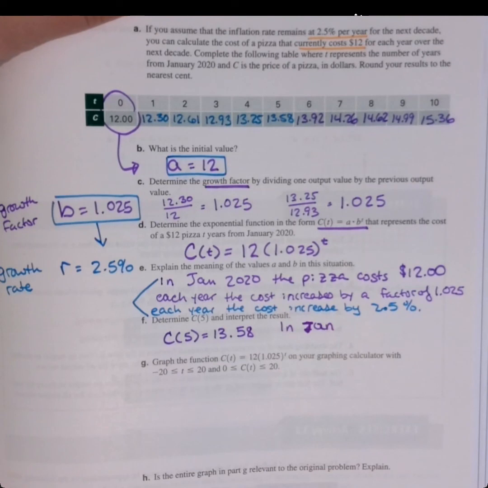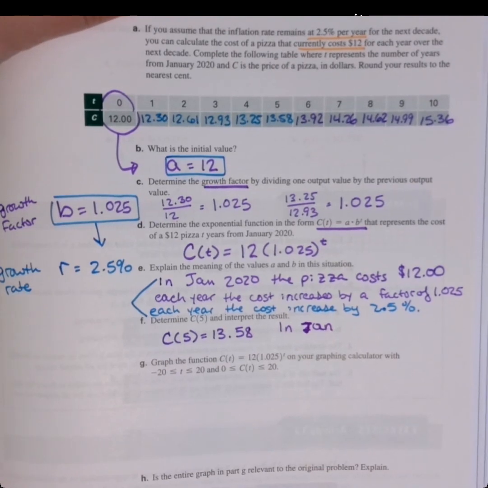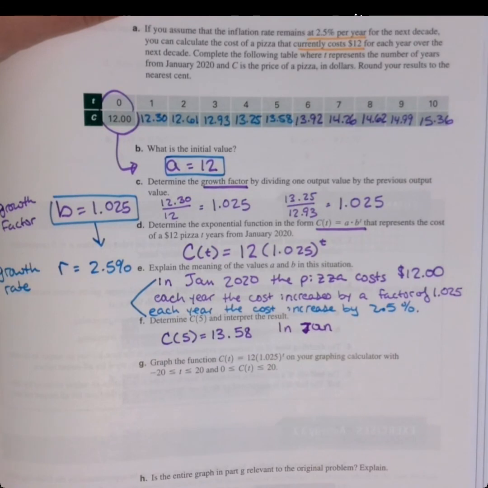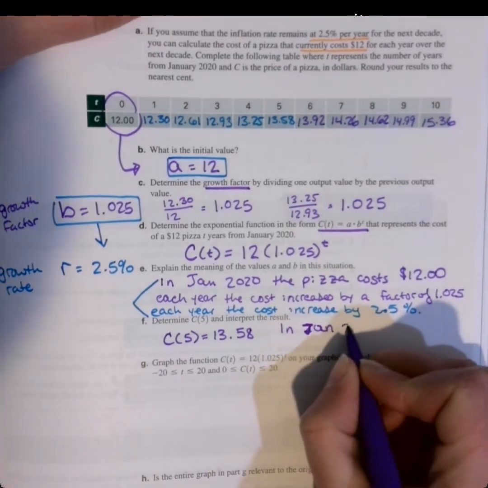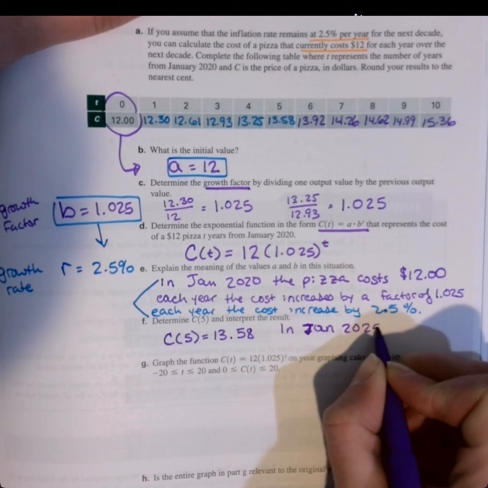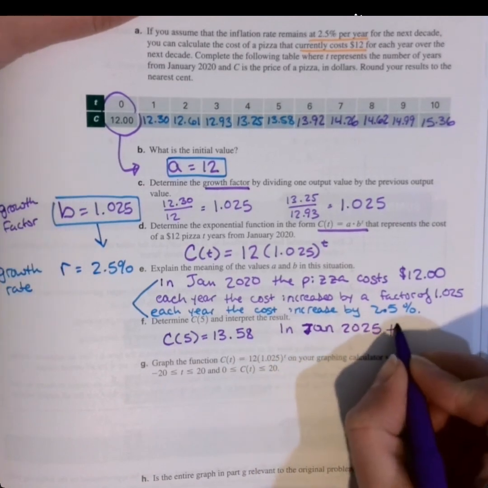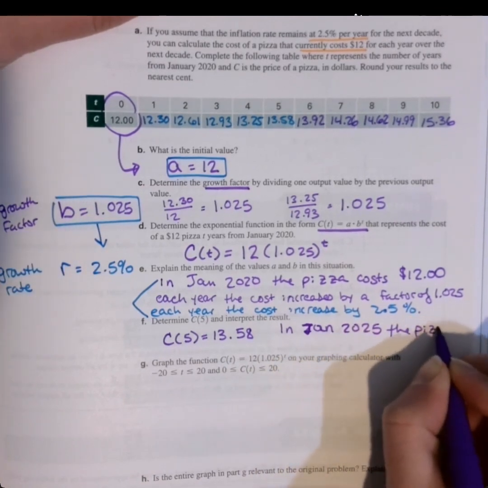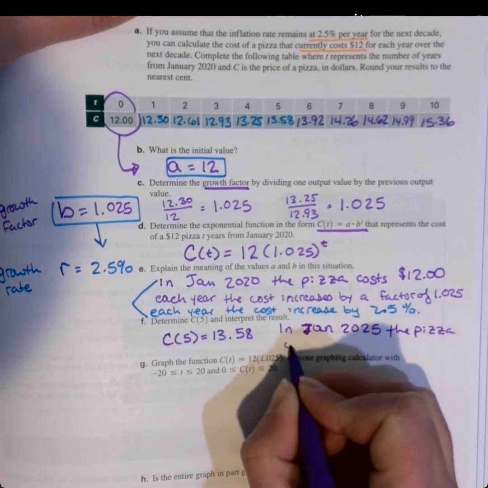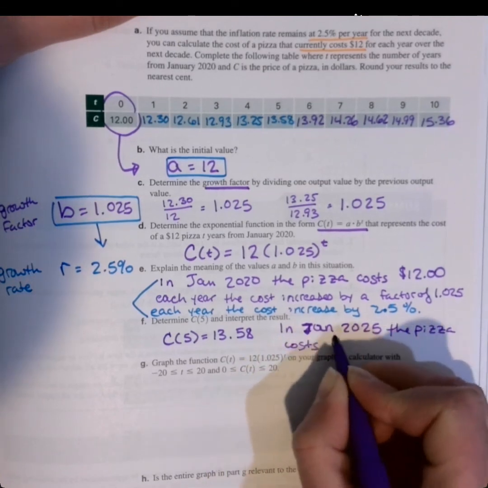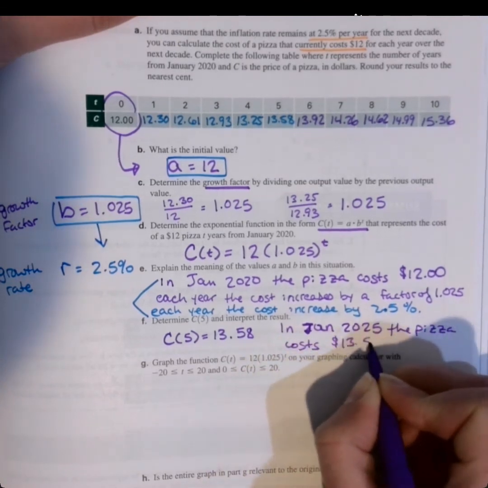I could predict for June if I did something like 5.5, which would get me June, halfway through the year. But in January 2025, the pizza costs $13.53 due to inflation.